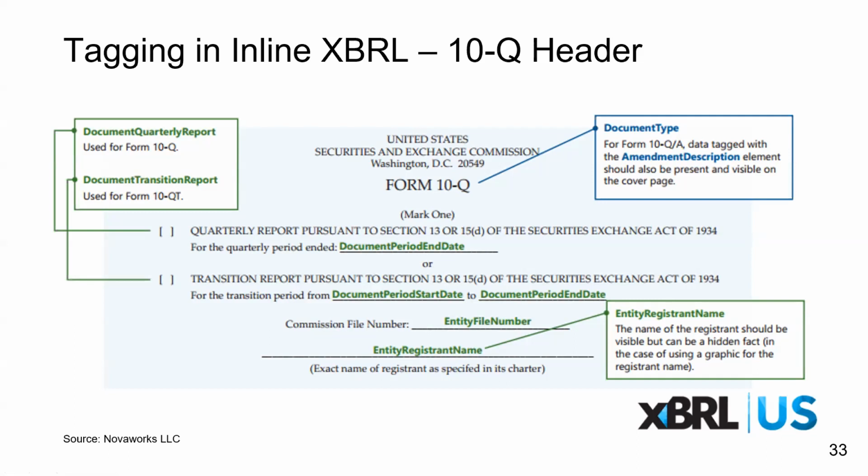If you want to have a graphic there, you can tag your registrant name as a hidden fact and then reference that hidden fact on your image. That way your image is clickable and shows up as your actual tagged value. And again, that would throw a warning when you file it to the SEC, but you're just making it a hidden fact for technical reasons. So you can have a graphic or an image there, so that shouldn't cause any sort of problem.